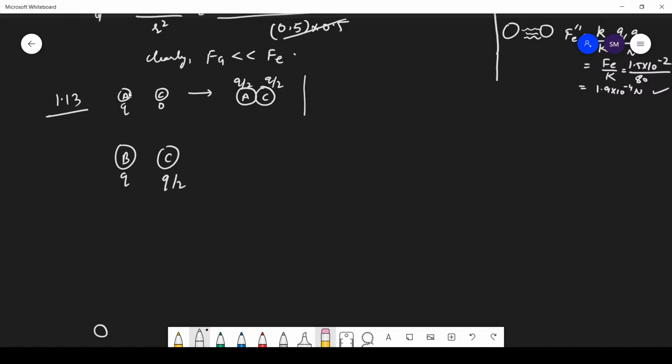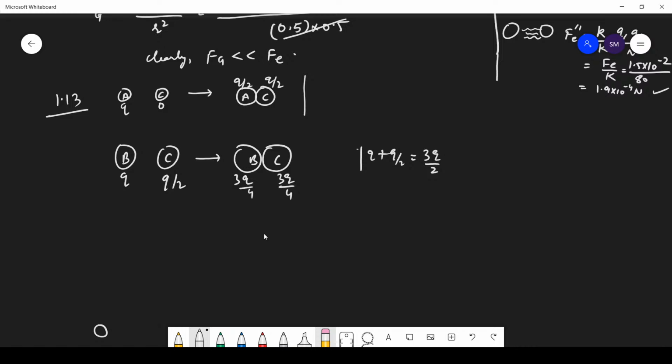C was touched with A first and then acquired a charge of Q by 2. Now it is touched with B. Again, find the net charge, Q plus Q by 2, that is 3Q by 2. This will be equally distributed when B and C are touched, so half of it, that is 3Q by 4 and 3Q by 4. So B and C will have this charge.